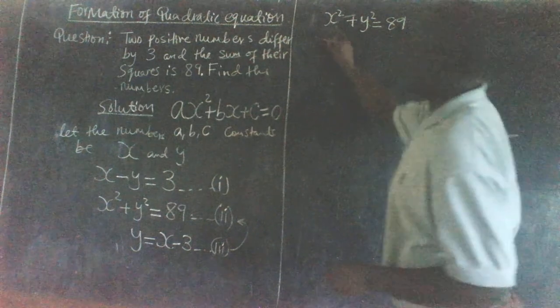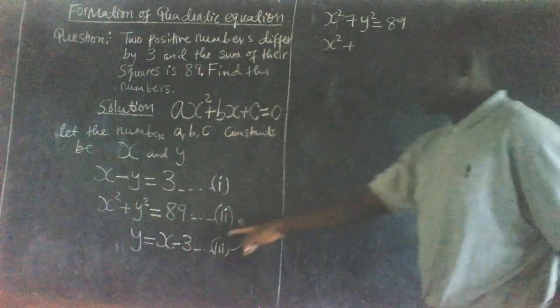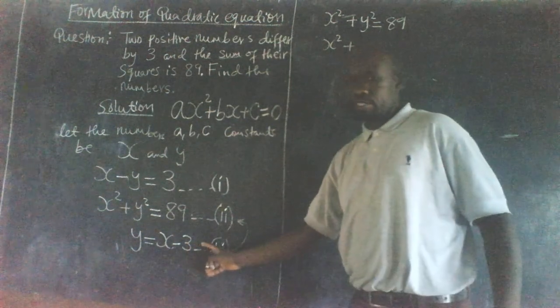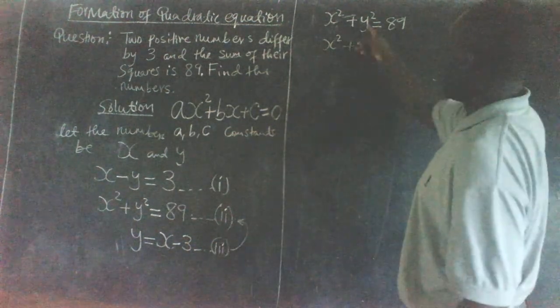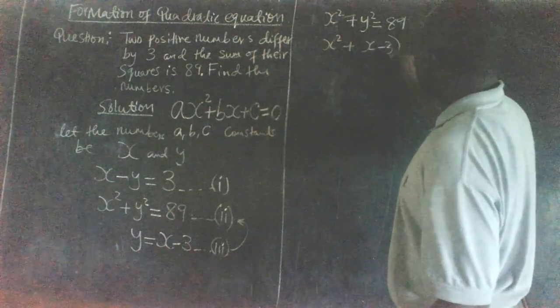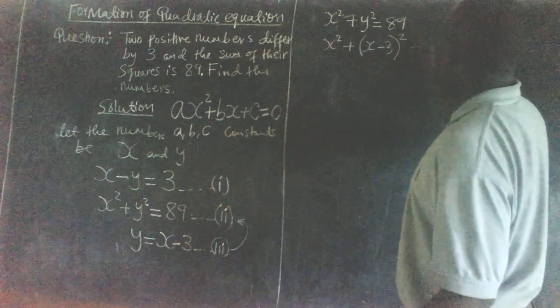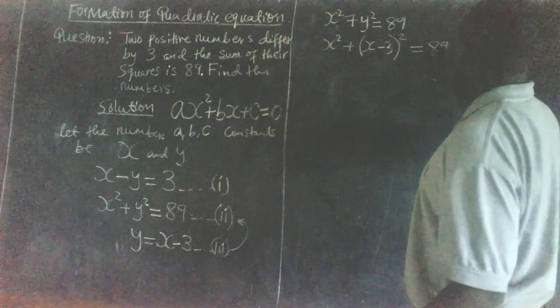So we have x squared plus y, which is x minus 3 in brackets, squared, equal to 89.